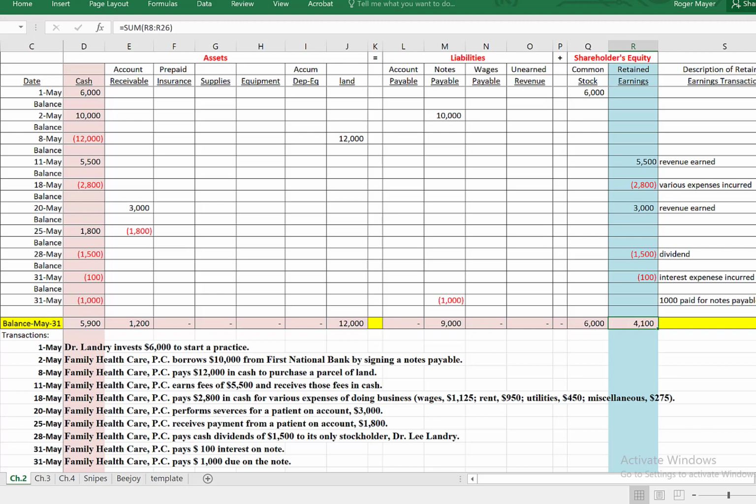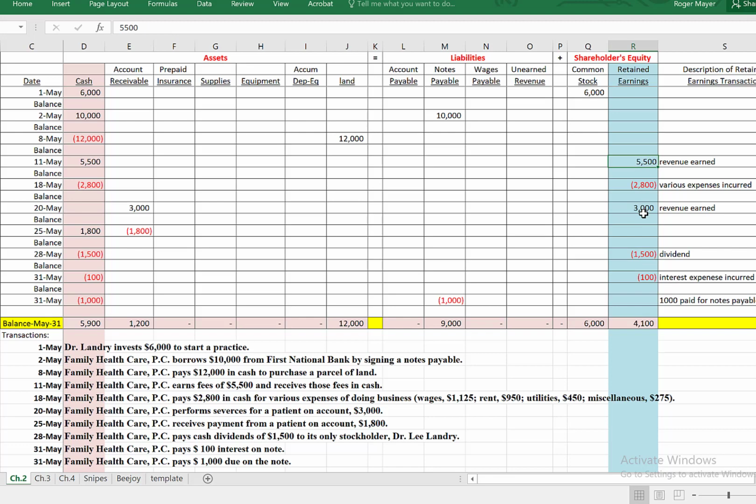So there was no beginning balance. The retained earnings simply is our net income for the period minus dividends. And that's what we see here, $4,100. We paid a dividend of $1,500.